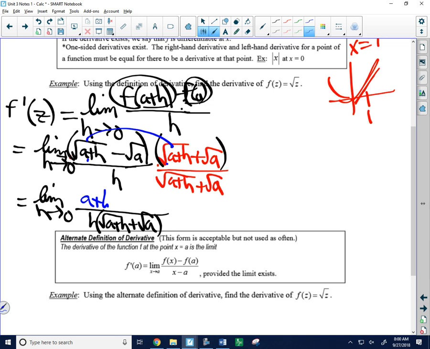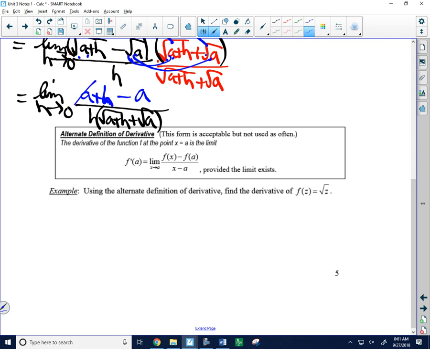Radical a plus h times radical a plus h is radical a plus h squared, and the square root and the square undo each other. So it's just a plus h. As always, the outside and inside terms in the conjugate cancel. It would be positive radical a plus h minus radical a plus h. Cancel. And then last is minus radical a times radical a is radical a squared, which is a.